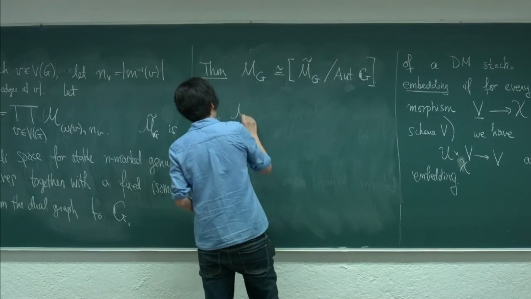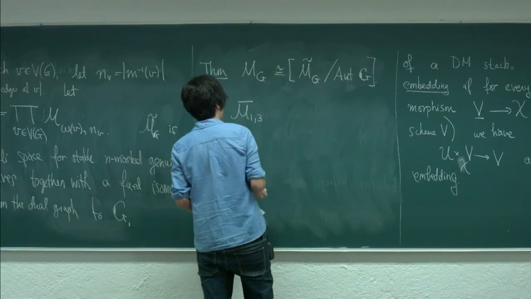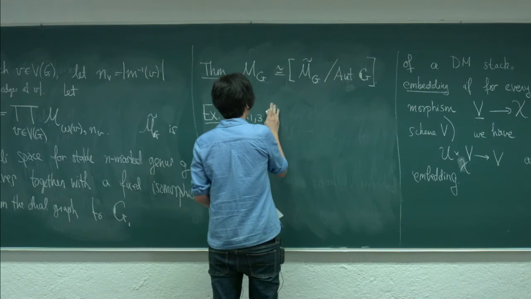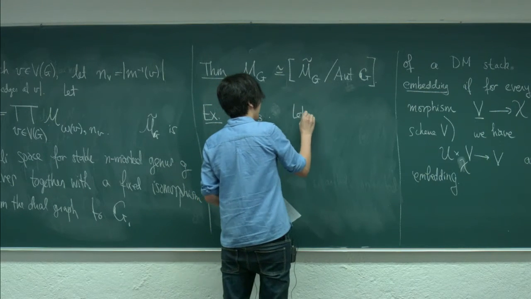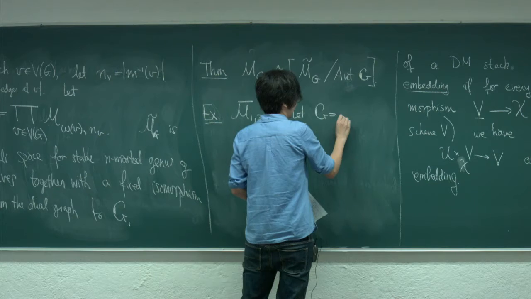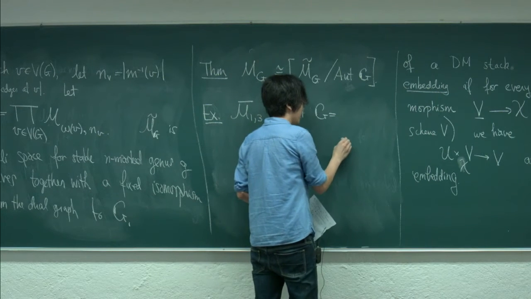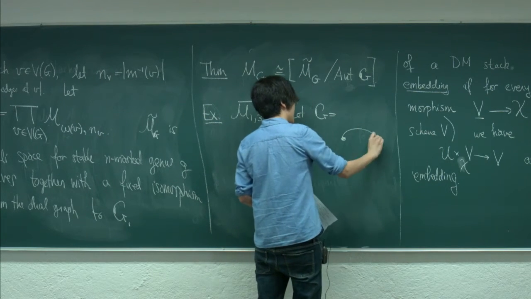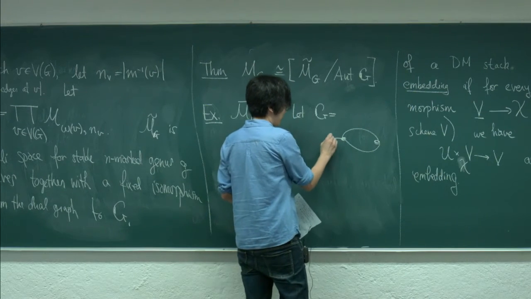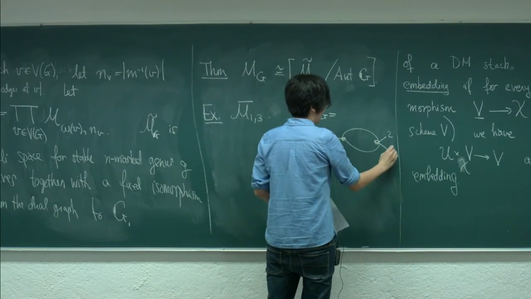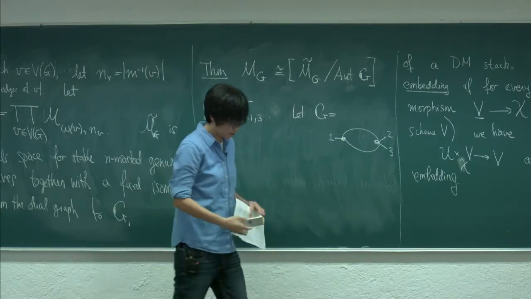All right, I'm going to take a stratum in M_1,3 bar. So let G be this combinatorial type, which I'll draw for you. Two vertices, two edges, and three marked points in this arrangement.